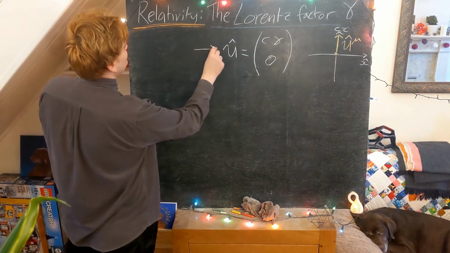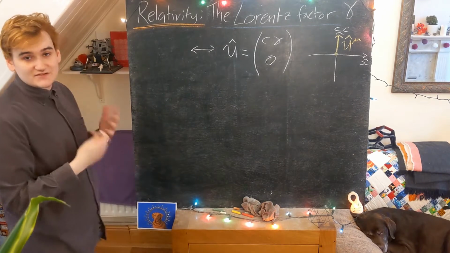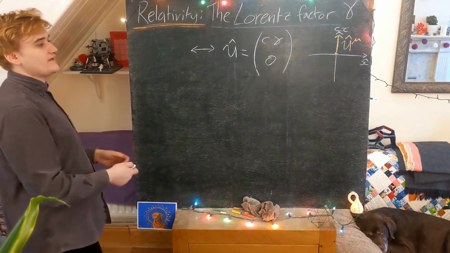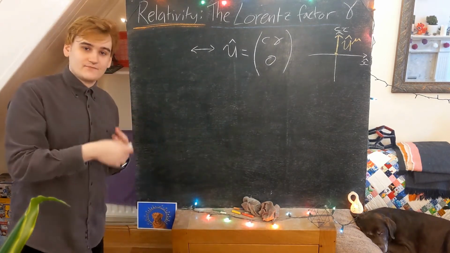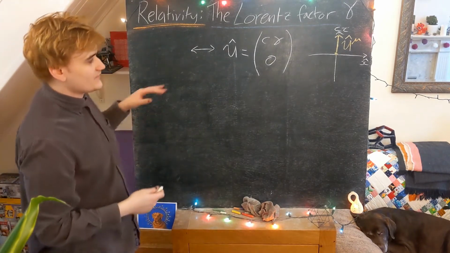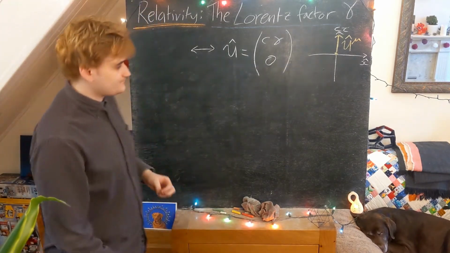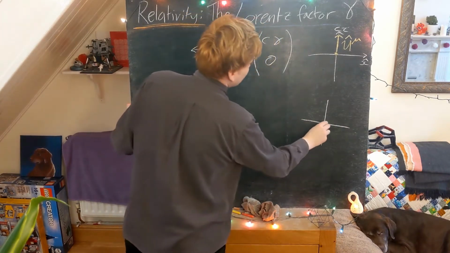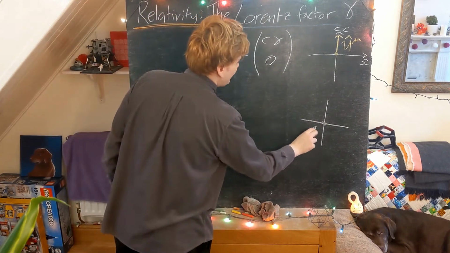But if we were to now transform, we haven't actually discussed how we do this yet, but we can already think about it. What if we now look at how this four-velocity appears in some other frame, say a frame that's going to be moving with some velocity relative to this frame? Or another way we can think about this is we choose ourselves to be stationary in some other frame.